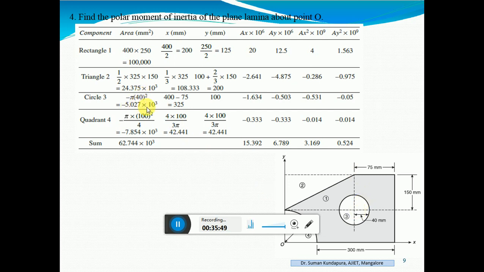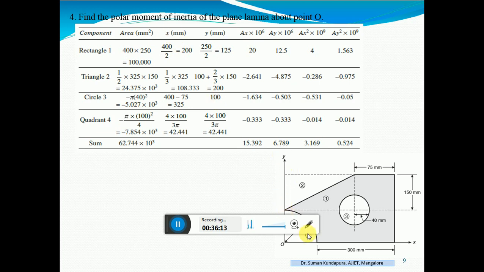Quadrant is pi r squared by 4, correct? Again with the minus sign. So these all three have to be deducted from the main rectangle. All are cut off portions. Similar problems were solved in the centroid, right? Cut off problems.